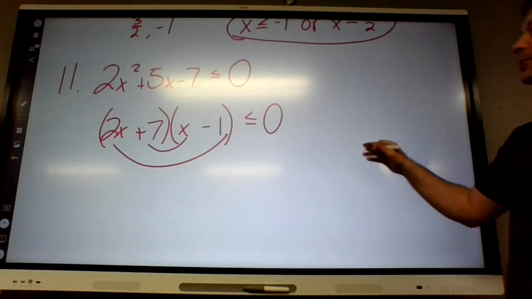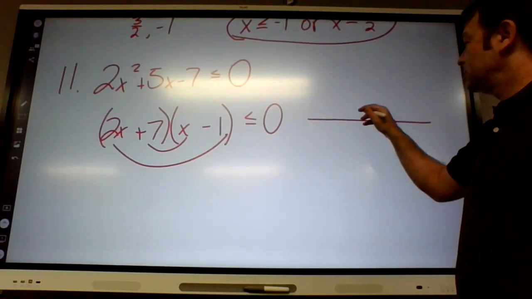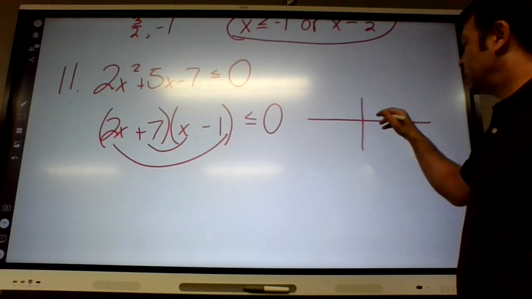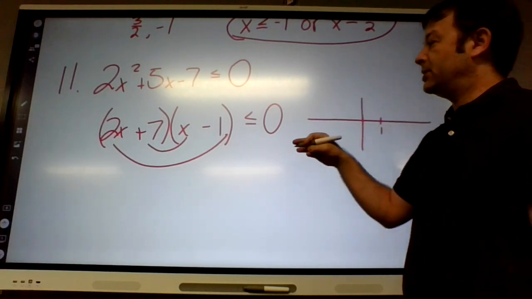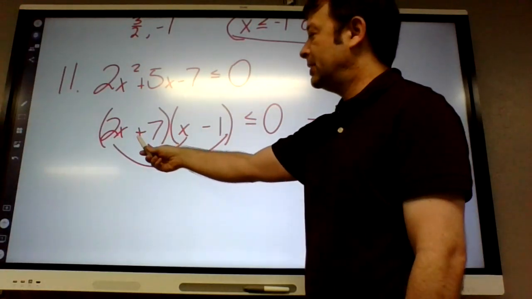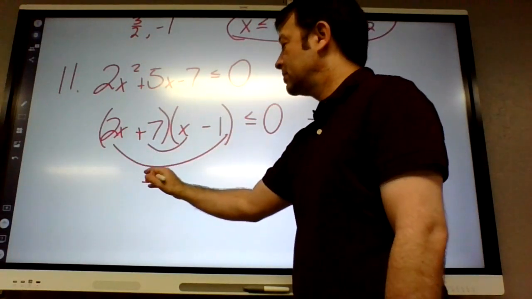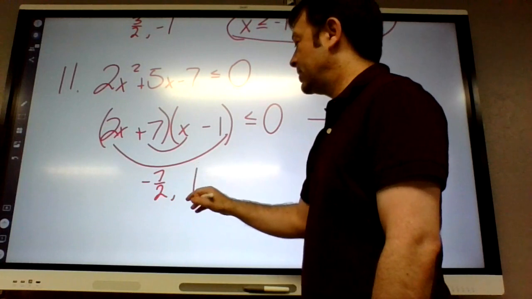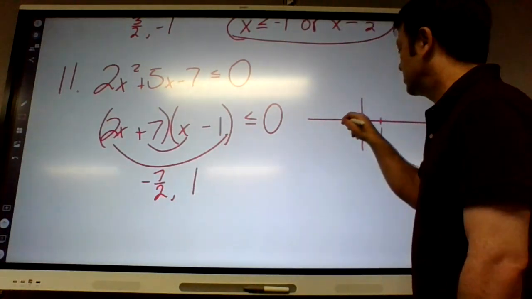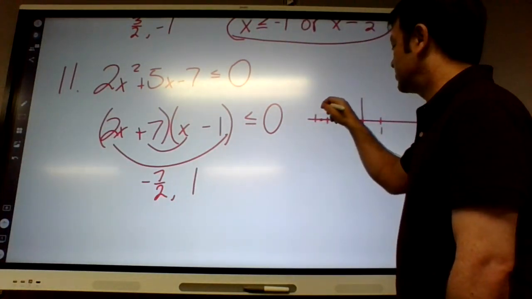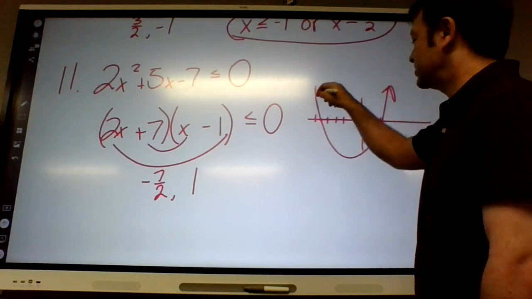So it's another parabola again. The zeros are at x equals 1 and x equals negative 7 halves, or negative 3.5.